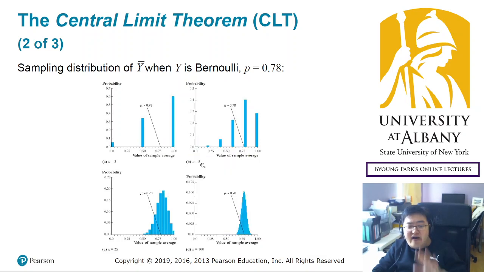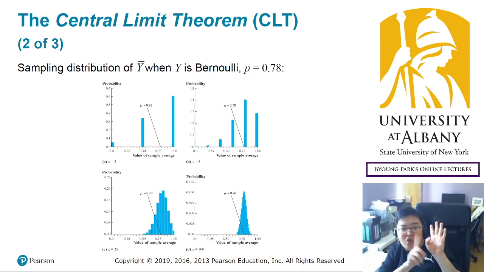And when you throw 5 coins, there can be 6 different results. No heads, 1 head, 2 heads, 3 heads, 4 heads, 5 heads. So each represents 0, 0.2, 0.4, and 60%, 80%, 100% heads. And the distribution can be calculated or simulated, and you have this.